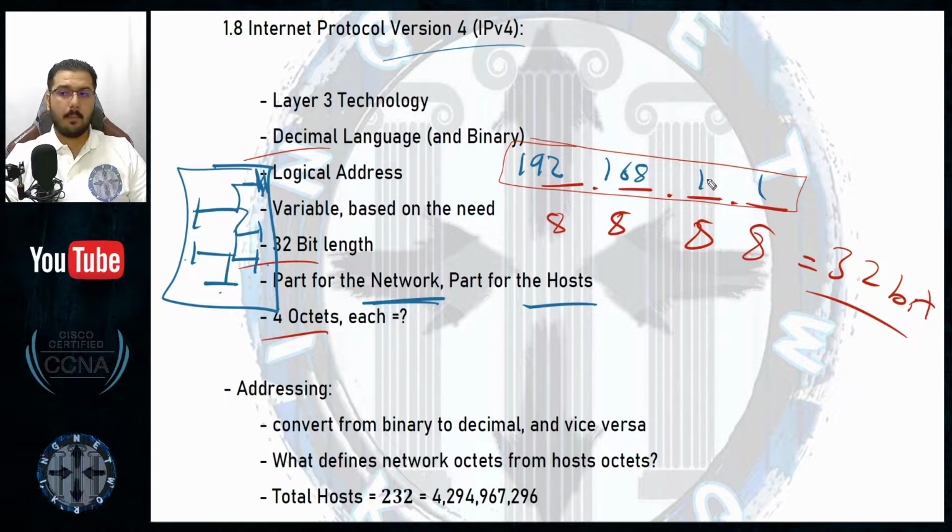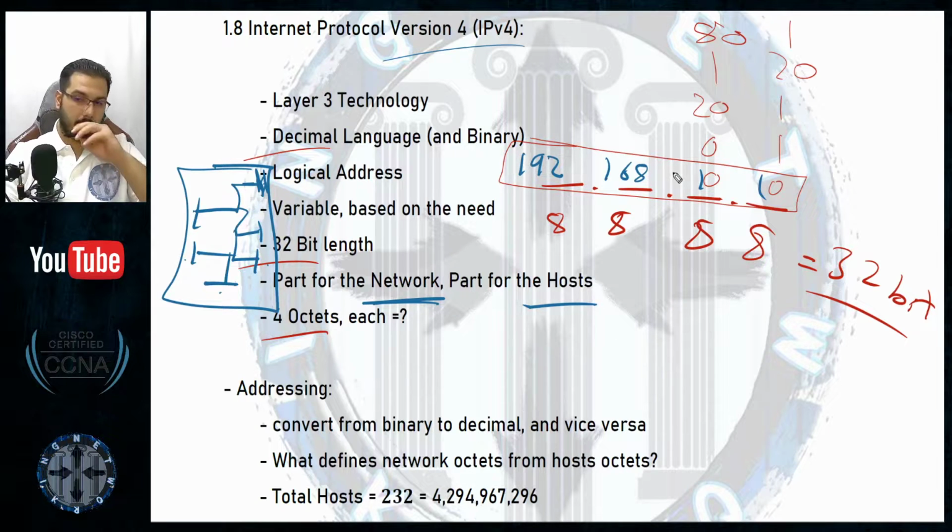No problem. Perhaps it's .10.1, sometimes it's .1.10, sometimes it's .0.1, sometimes it's .20.1, other times .1.20. So many examples, or even 80.1, and so many other examples as well. All of them are valid. All of them need you to understand addressing and subnetting before you make use of them.